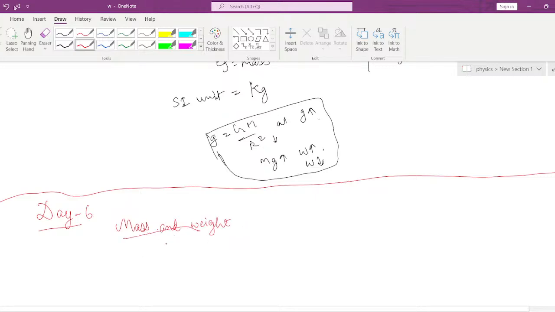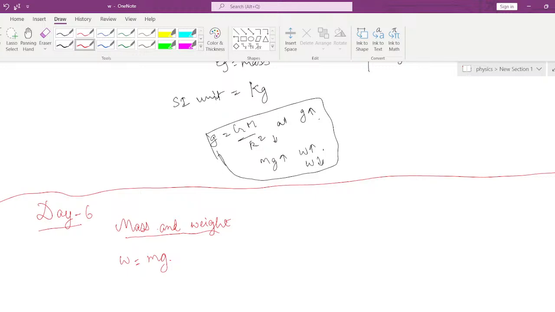So we have a topic called mass and weight. The weight of an object is, as we all know, mass into acceleration due to gravity. The weight of an object is related to acceleration due to gravity.